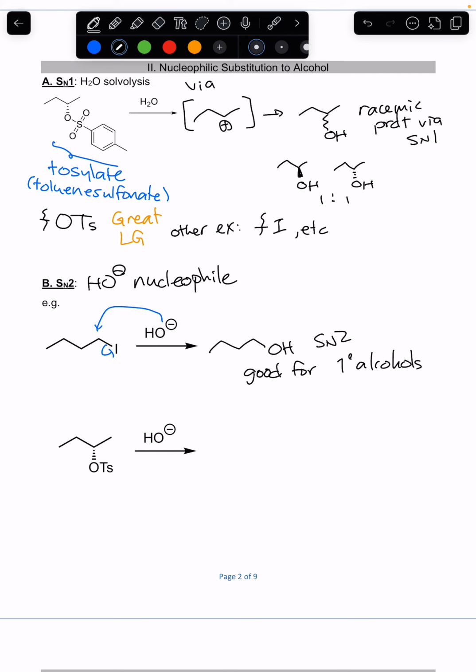Whereas SN1 was really best for not secondary but like tertiary alcohols, right? Because the tertiary carbocation is more stable.